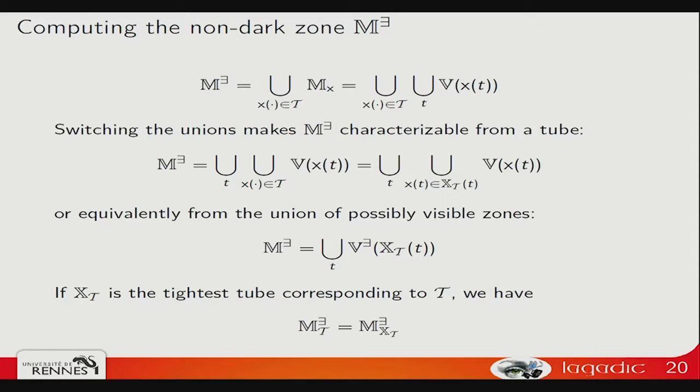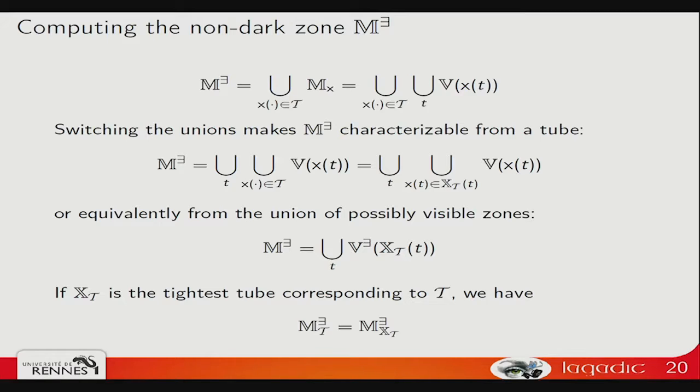And if we switch, we can express it as the union of the possibly visible zones of the feasible states at each time. So it can be expressed as a function of the tube. And if we have the tightest tube corresponding to the feasible trajectories, we have the equality, we compute this zone from the tube. In practice, we don't have the tightest tube because we wrap it into a box, for example.